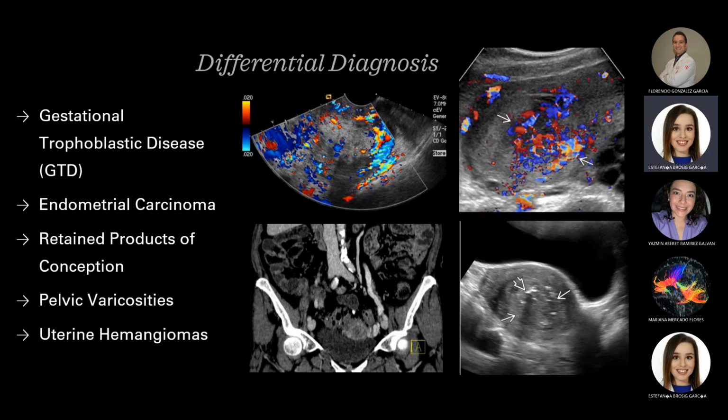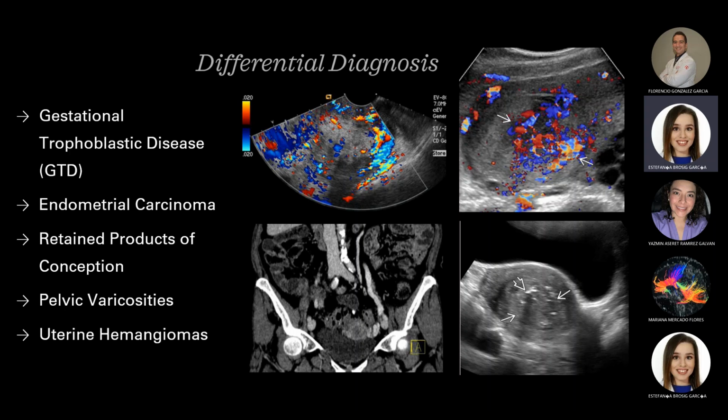Well, there are differential diagnoses that we have to consider when we see augmented vascularity in the uterus. The first one is gestational trophoblastic disease.